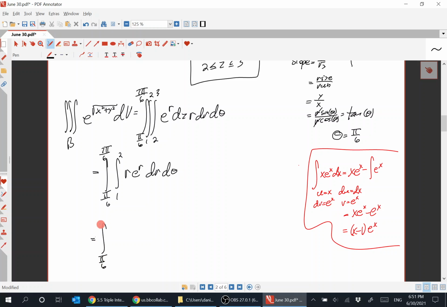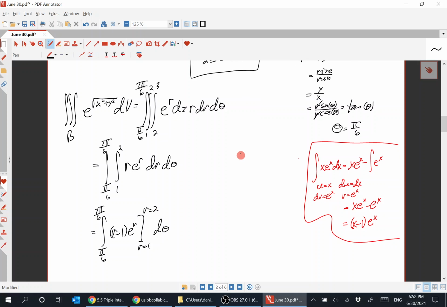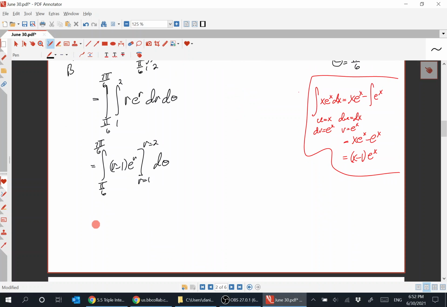So pi over 6 to 7 pi over 6, r minus 1 times e to the r from 1 to 2 d theta. r goes from 1 to 2.